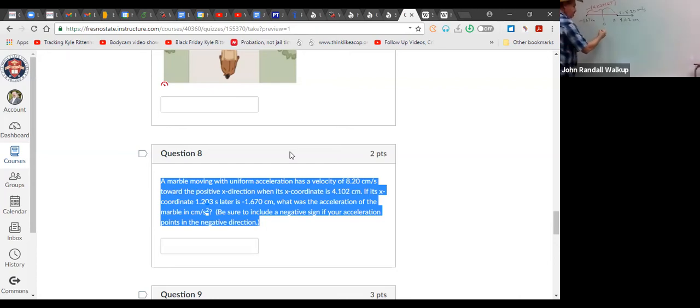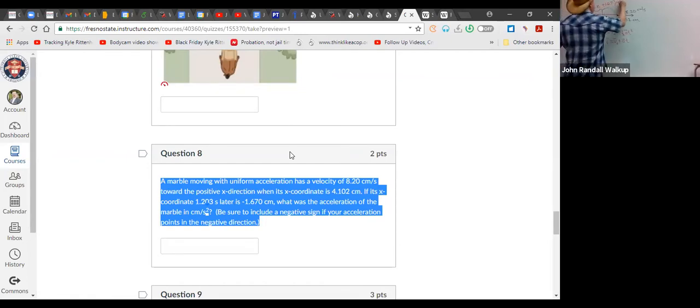Now we can apply our equations of motion. d is v naught t plus 1/2 a t squared. It's one of them. And v is v naught plus at. Well, let's do this one, the displacement vector. Let's just get rid of the 1/2 here.